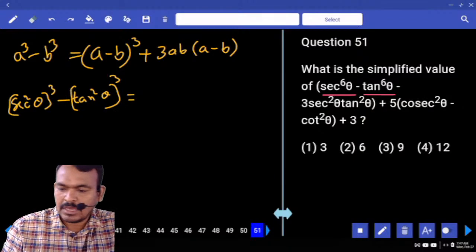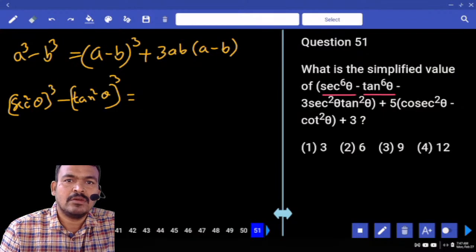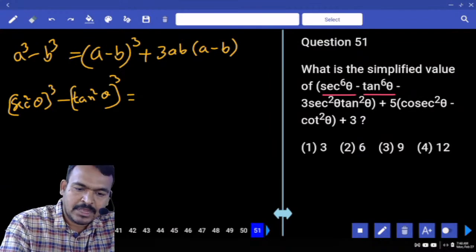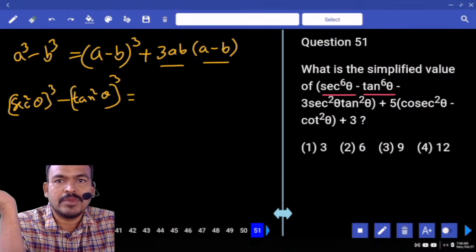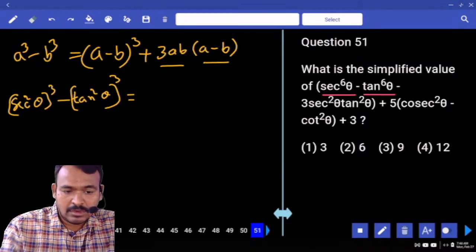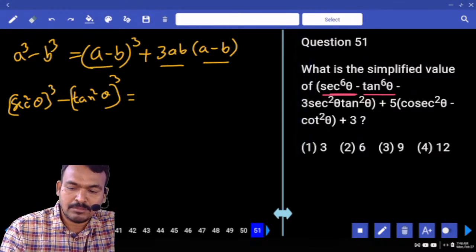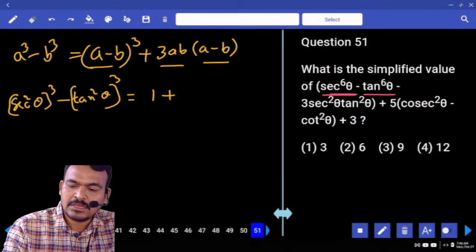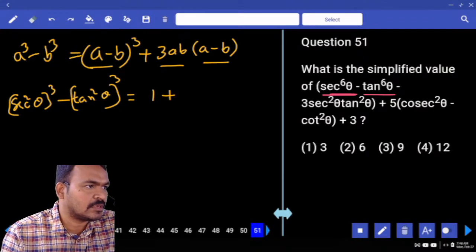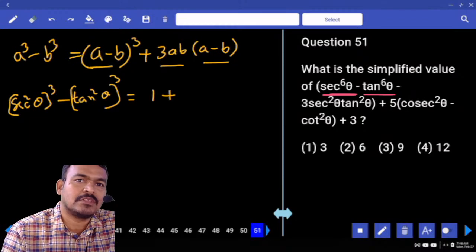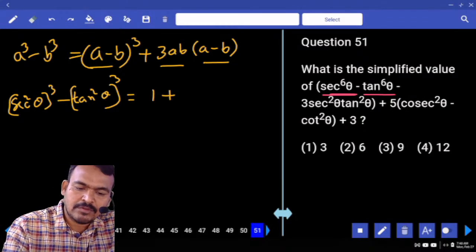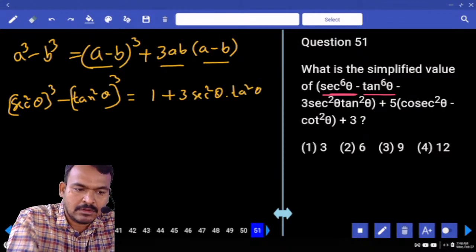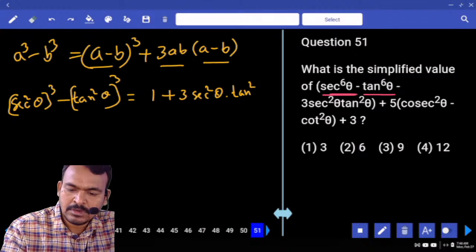That is equal to (a − b)³, meaning (sec²θ − tan²θ)³, plus 3ab(a − b). Here (sec²θ − tan²θ)³ is 1, plus 3 into sec²θ into tan²θ into (a − b), and a − b means sec²θ − tan²θ. So this is 1 plus 3 sec²θ tan²θ.